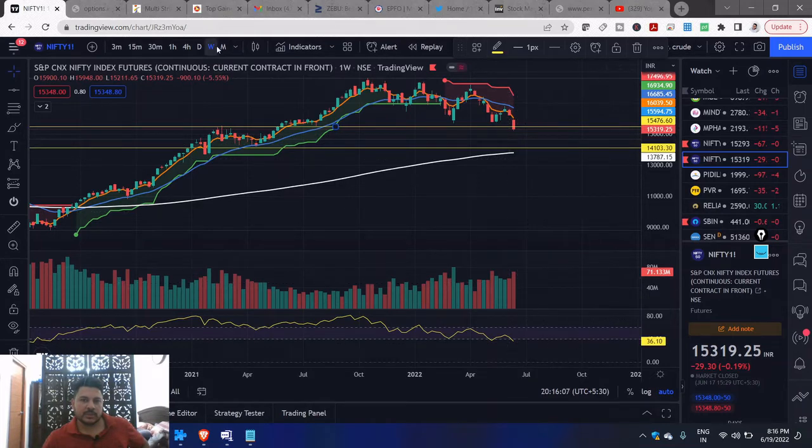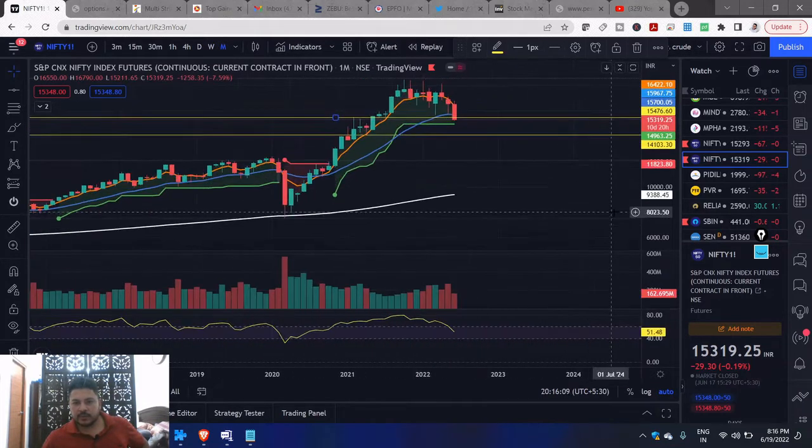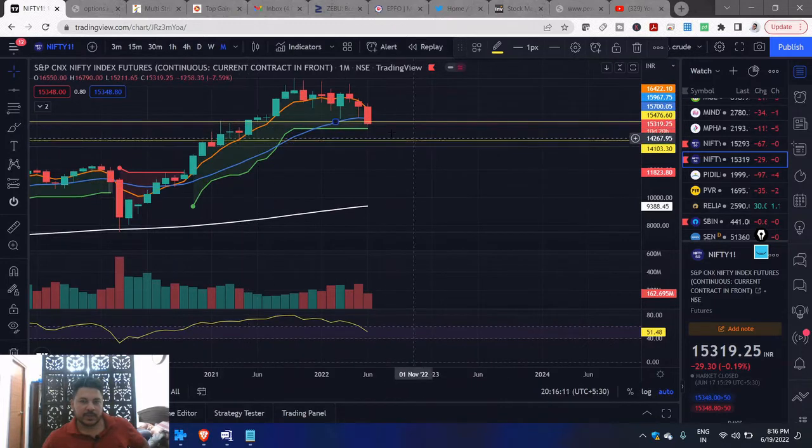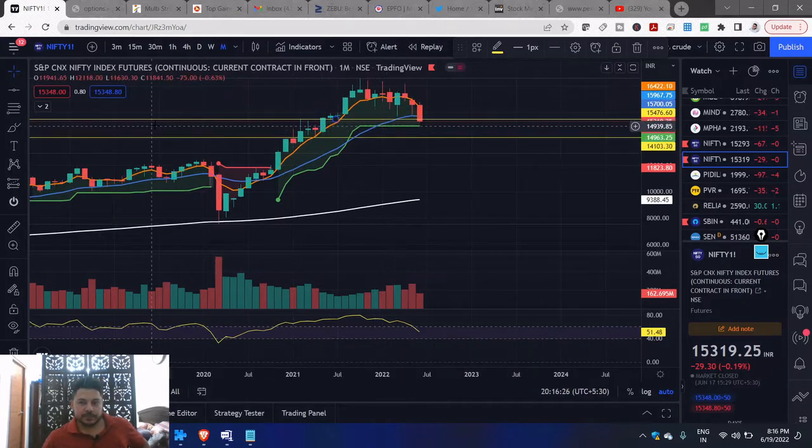RSI is 36. Let's move to the monthly time frame. On the monthly time frame, you can expect a good support for Nifty at this level. It can sustain at this level for quite some time, and then if it comes out of this level, we can expect the bottom has formed. So let's wait for it.